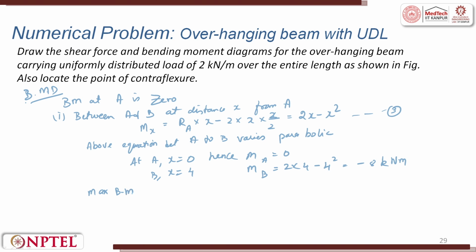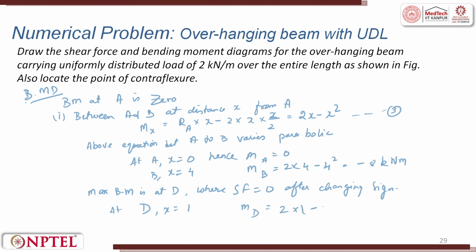Maximum bending moment will be at D, where SF is equal to 0. So, after changing sign, at D, which is x equal to 1, MD will be equal to 2 into 1 minus 1 square, which is 1 kilonewton meter.